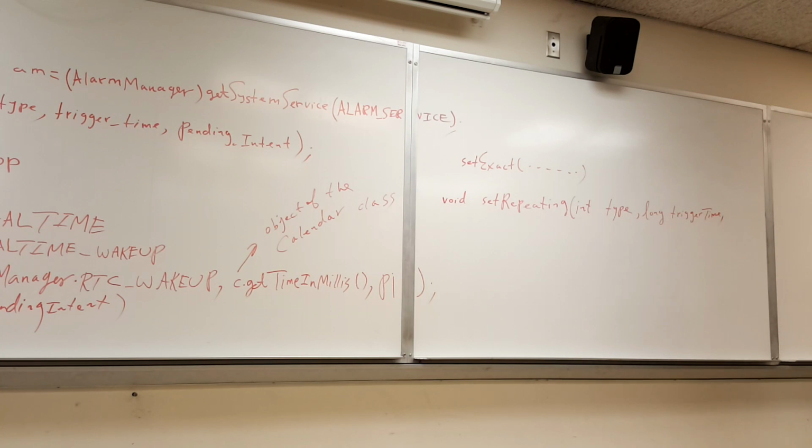The third argument is interval, every 2 seconds, every 5 seconds, every 1 hour, every 2 weeks, and so forth, okay? Long interval. And finally, the last item is pending intent.